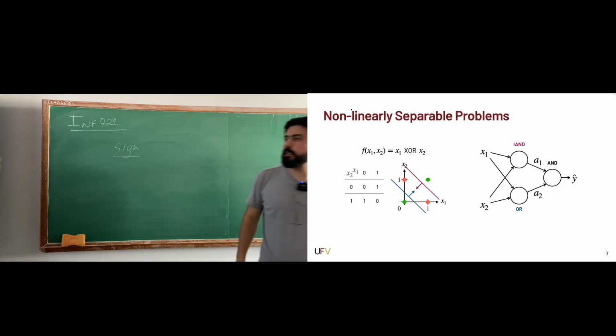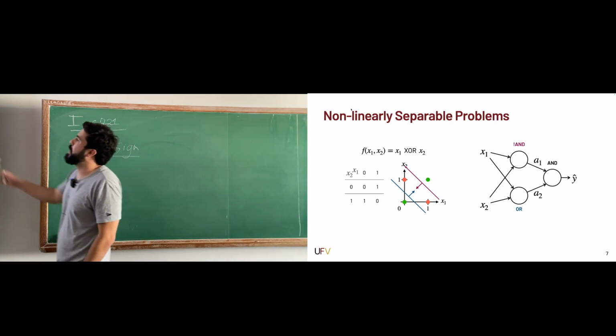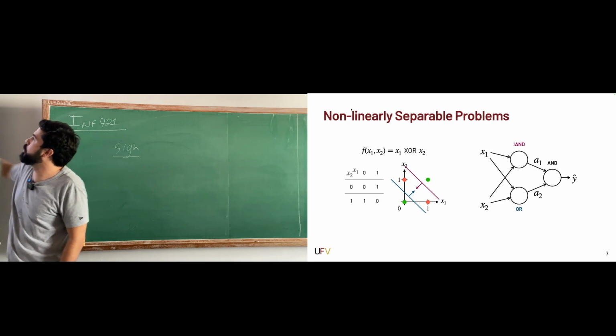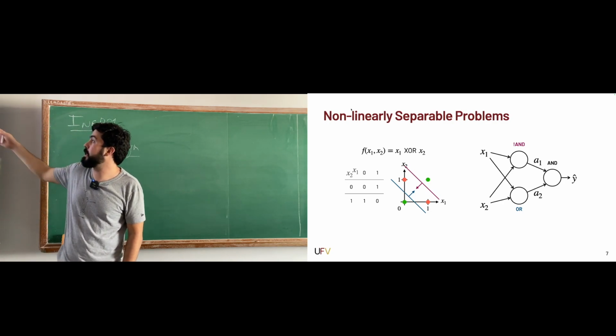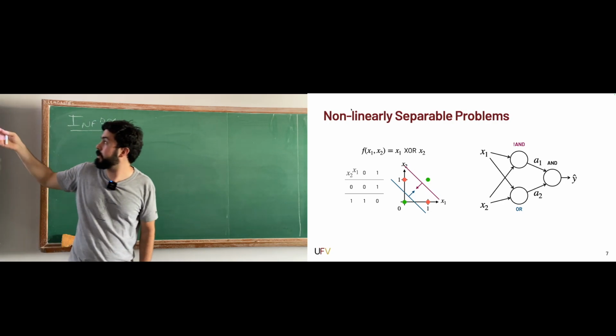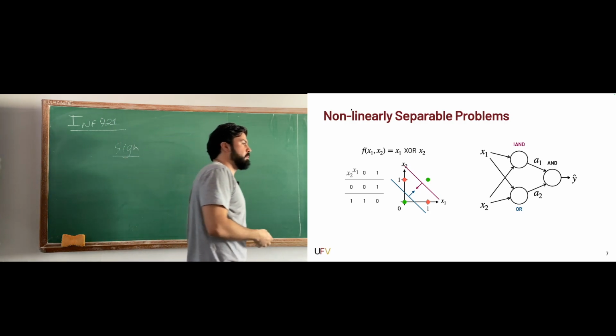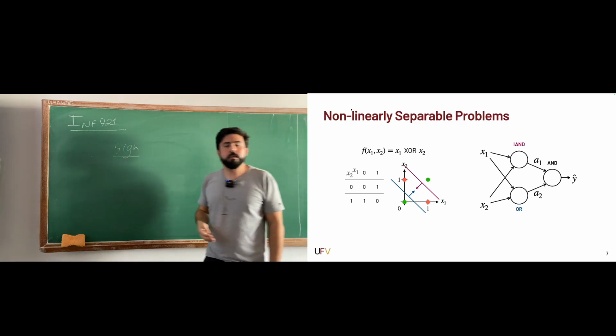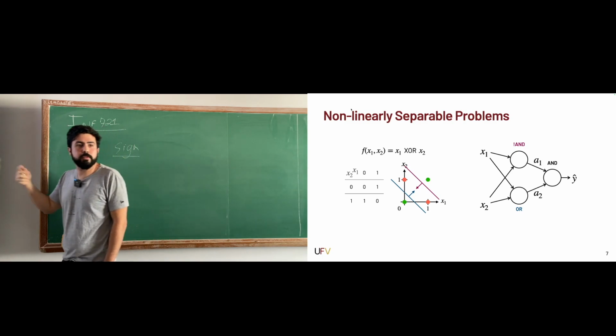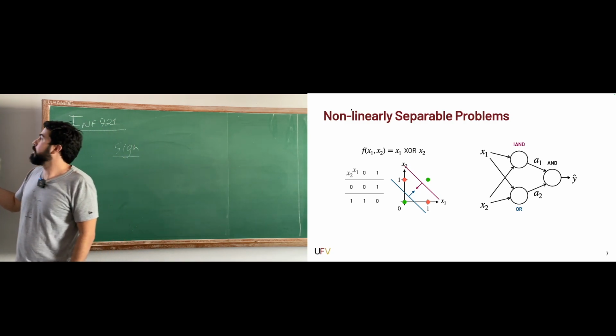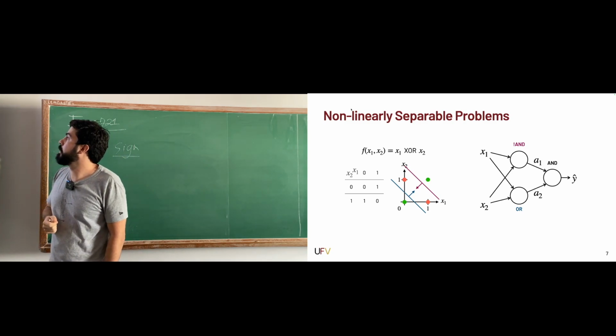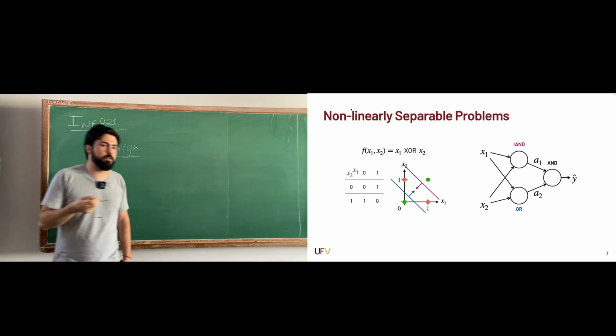But then, if you combine the outputs of these two previous neurons with a third neuron that learns the AND function, which is also linearly separable, then you could solve this problem correctly with 100% accuracy. Okay? And that's the intuition behind neural networks.